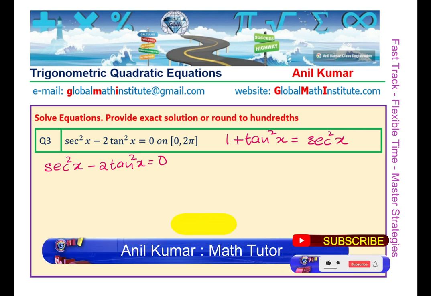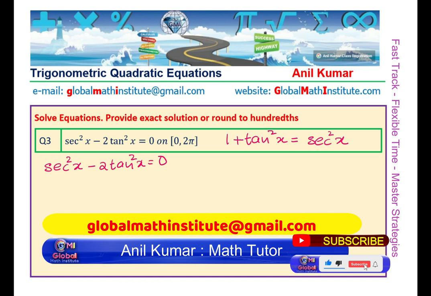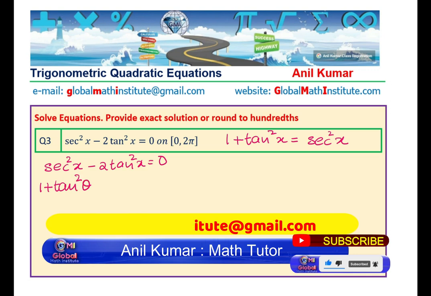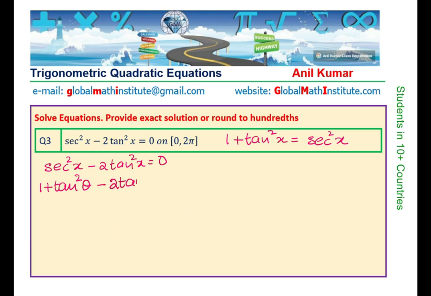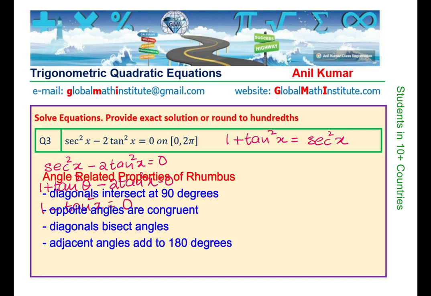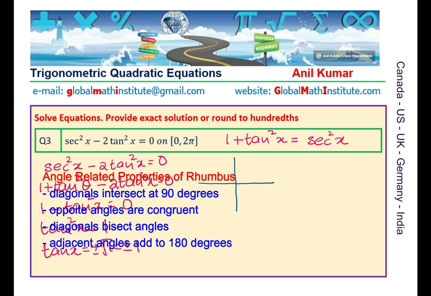So I'll replace secant square x with 1 plus tan square x, minus 2 tan square x. So we're left with 1 minus tan square x equals 0, or tan square x is equal to 1, which means tan x equals plus or minus square root of 1, which is plus or minus 1. So in this case, we have four different values, plus and minus 1.